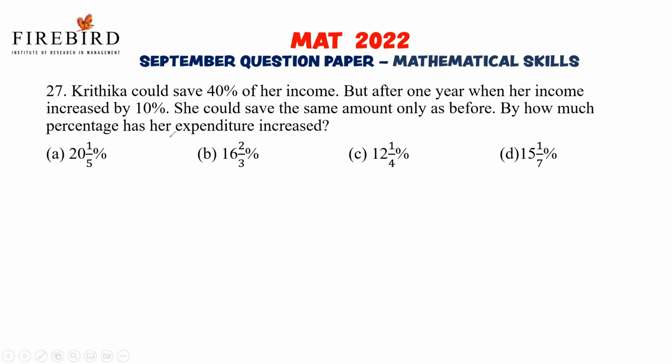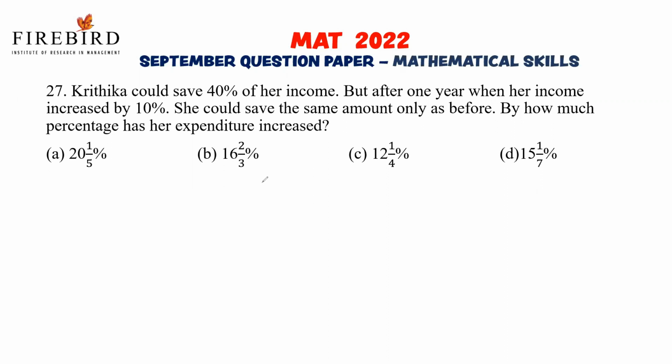Kritika could save 40% of her income. But after 1 year, when her income increased by 10%, she could save only the same amount as before. By how much percentage has her expenditure increased? See, if you see a question based on percentages and ratio alone, and they have not given you any exact value, you can assume a value 100, because based on 100, we can do all the calculations easily, right?